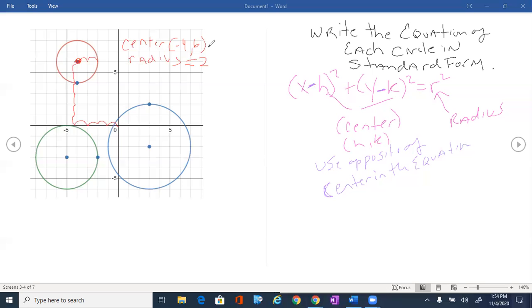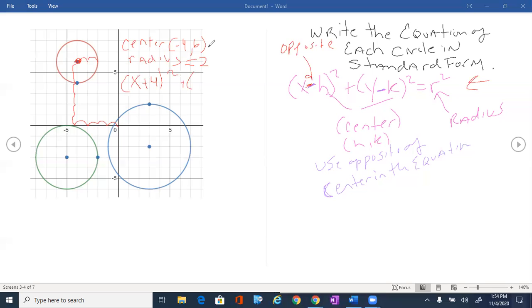Now, we just build the equation right off of what we see here. We see x, and it says minus, which simply means the opposite. So we use the opposite of that −4, so (x + 4)², plus, then we go to y, minus.